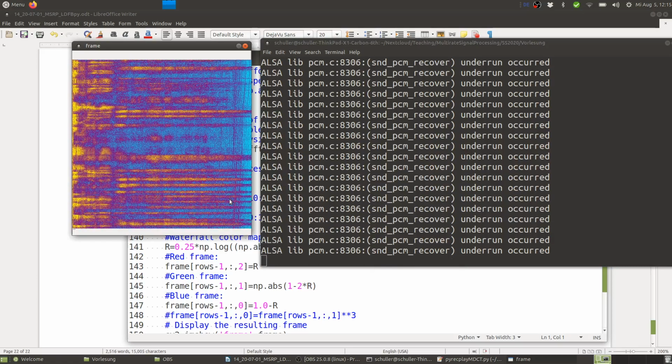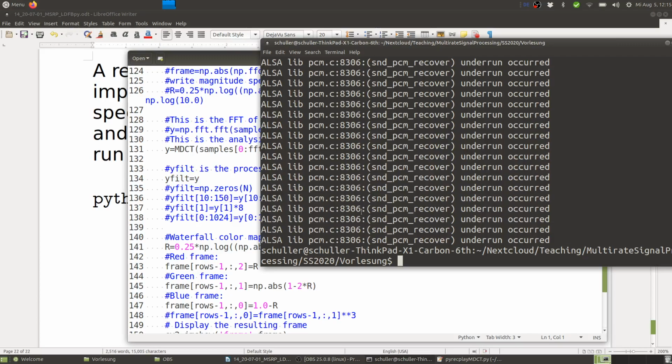Right. So that shows the advantage of the MDCT. Indeed, it has very sharp filters. It has much higher stop attenuation than a usual DFT or short time Fourier transform with a rectangular window. So that's good.